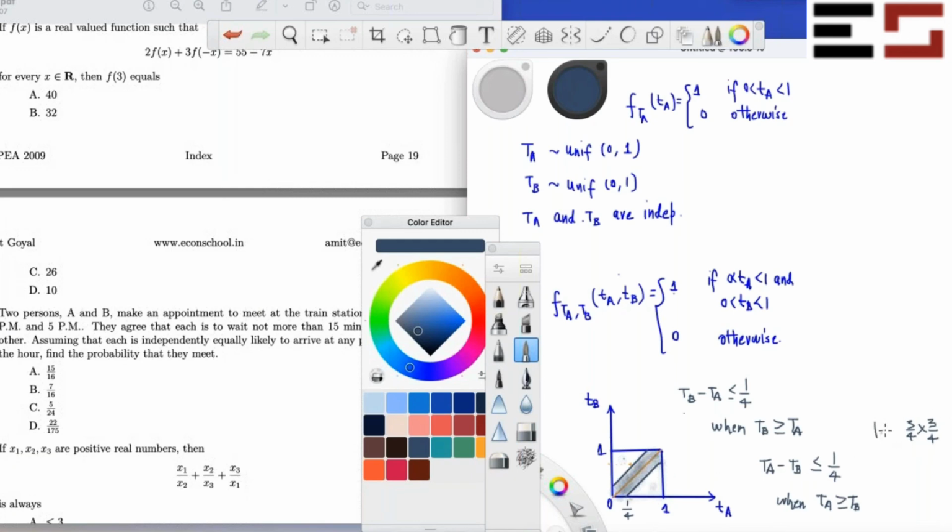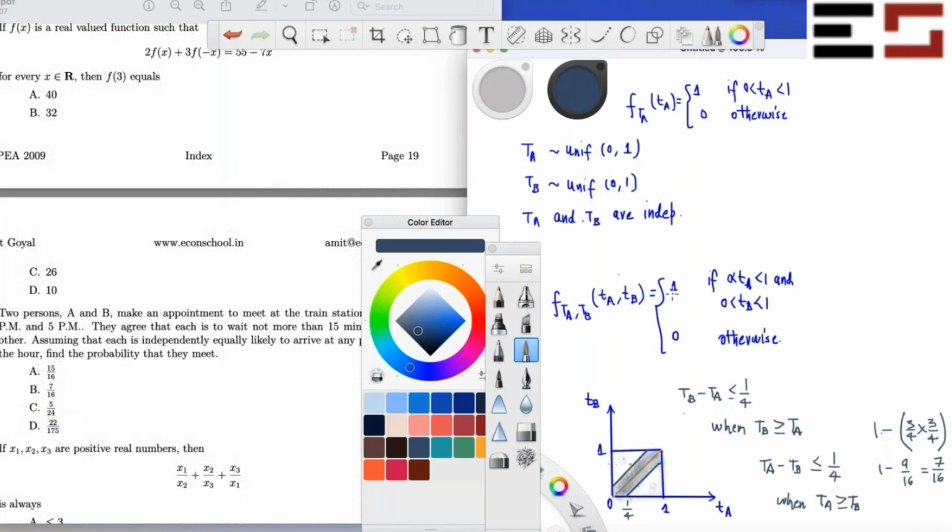This probability is nothing but 1 minus this, which is 1 minus 9 by 16, which is 16 minus 9 by 16. So it is 7 by 16. So that's your B option.